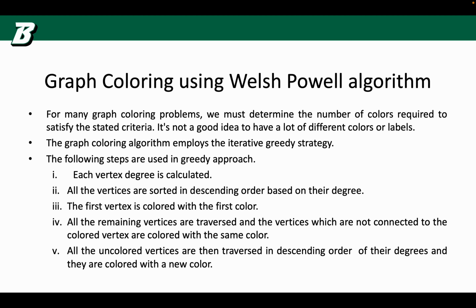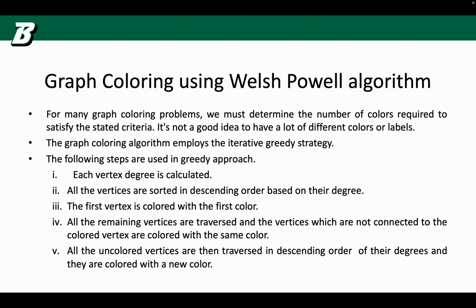Initially the degree for each vertex will be calculated, and then all the vertices are sorted in descending order based on their degree. So the vertex with the higher degree will be first, and the vertex with the lower degree will be the last.